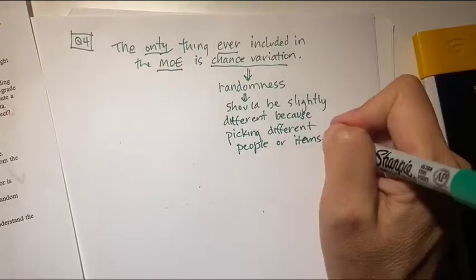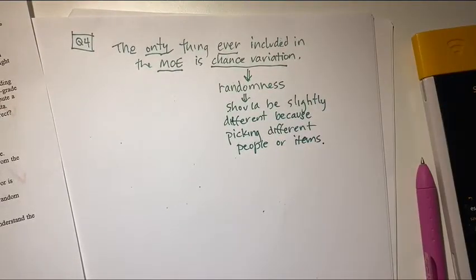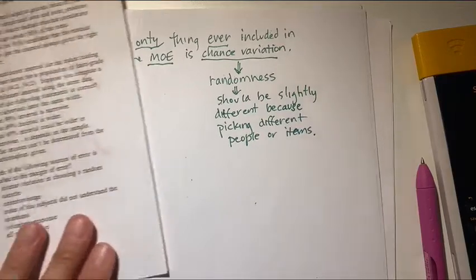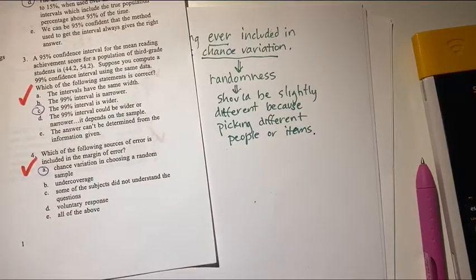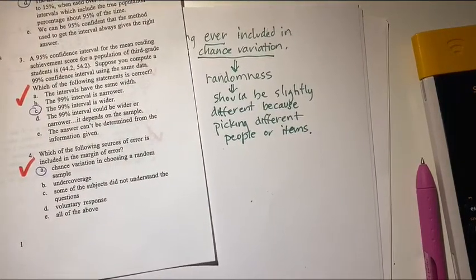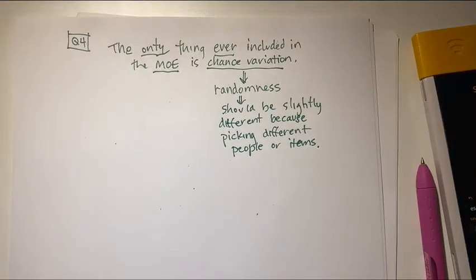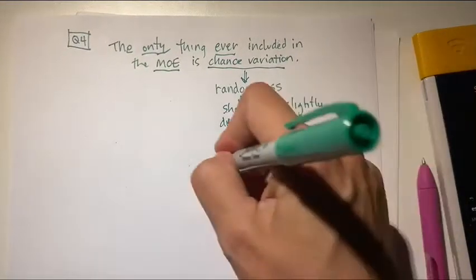Not that these people changed their mind. You call them back and they said, oh yeah, no, I only make $3,800. I told you $4,800. That was a mistake. There's going to be other errors, but those errors are not included in the margin of error. The margin of error only includes this randomness component.